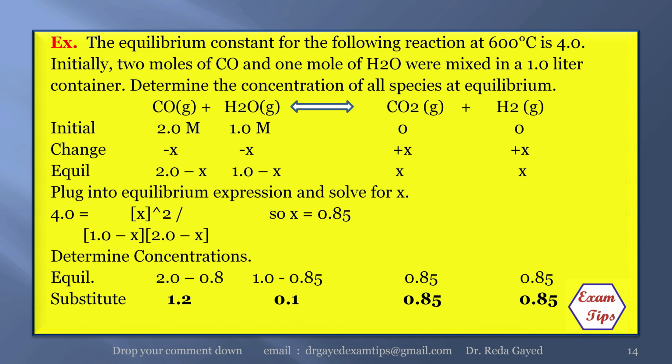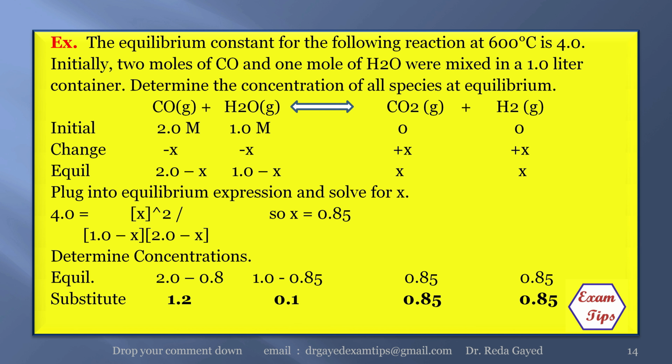Determine the concentration of all species at equilibrium. Carbon monoxide 2 moles and water gas 1 mole. Why do you consider this concentration of water? In the previous example we mentioned that water will be omitted. We will not consider water as a liquid, but here water is in gaseous form. That's why it should be considered.